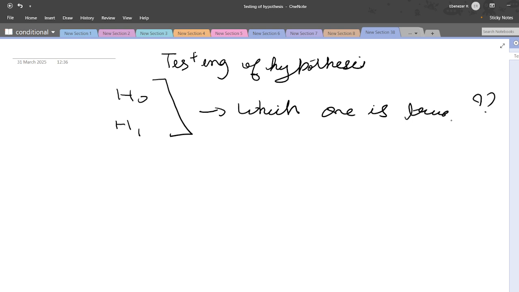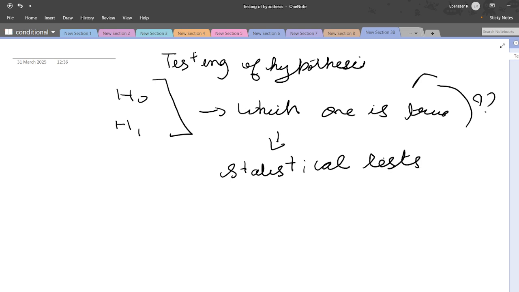This comes under hypothesis testing. For that we will use something called statistical tests to see which is true out of these two. Okay, got it?